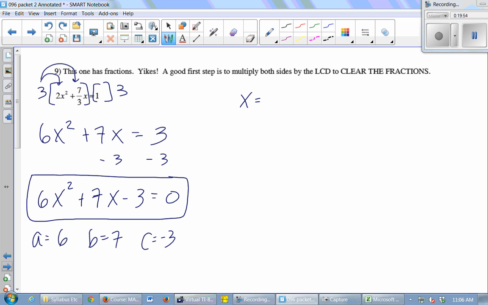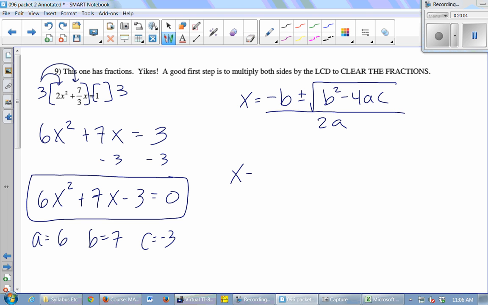x equals the opposite of b, plus or minus the square root of b squared minus 4ac, all over 2a. So I'm going to copy my formula symbol by symbol, and every time I put in a number, put parentheses around it.